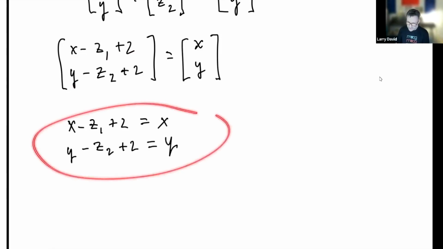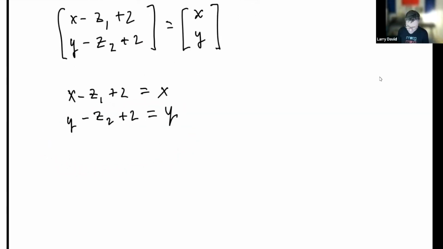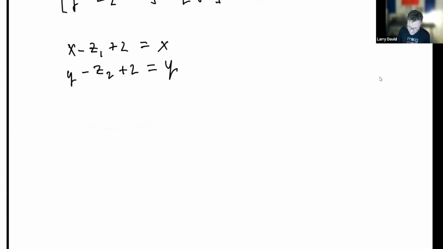And now this is no longer an equation about vectors. This is just an equation about complex numbers. So we can solve this equation the way we would normally solve an algebraic equation. You could subtract x from both sides of the first equation, subtract y from both sides of the second equation, add z1 to both sides of the first, and add z2 to both sides of the second. You could probably do that in your head.